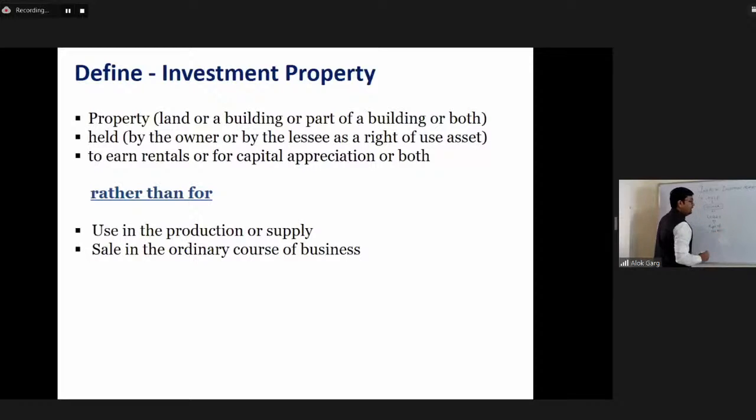How many of you are aware about IndAS 116 leases standard? So land and building held by owner or lessee as a right of use asset to earn rental or for capital appreciation. The objective is to earn rental or capital appreciation or capital gain.